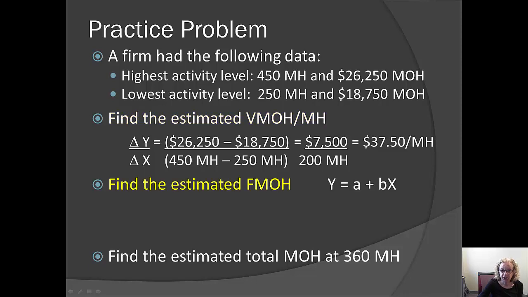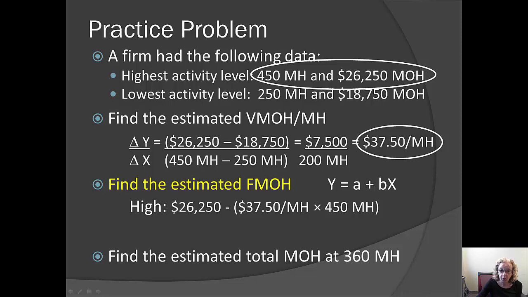To answer this question, we need to look at the basic formula for a straight line. We know that at the high point, our total cost is $26,250, and our level of activity is 450 machine hours.